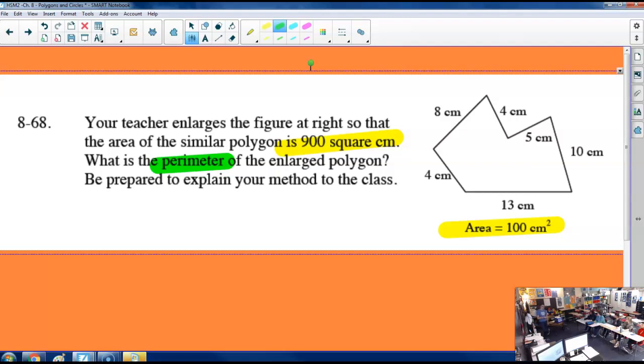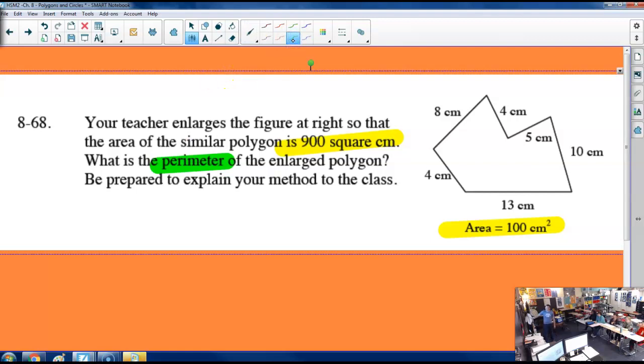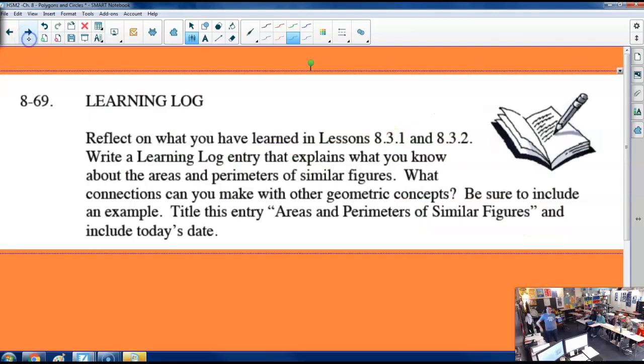Let me start you here. What's the area scale factor? 9. So what's the linear scale factor going to be? 3. Right, the perimeter will take all of these values and triple. So then we'd add them all up and triple it. Any questions there?